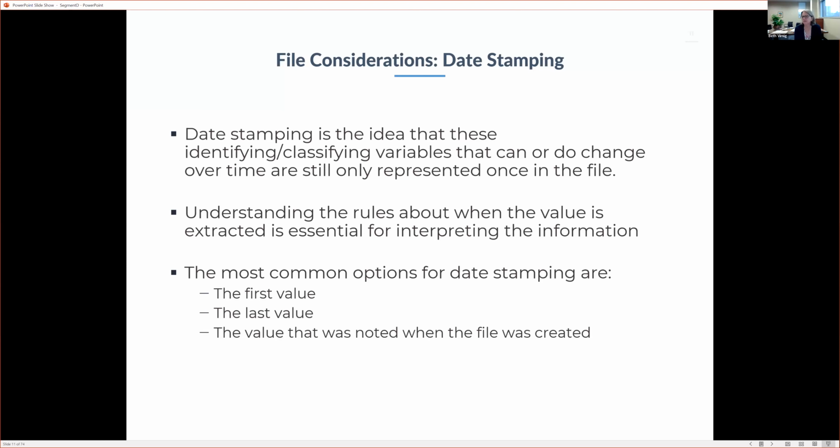So if the file is created a year after the end of the observation period, some information might be out of date by up to a year. So when you compare the MBSF information to the claims, you really have to stop sometimes and ask yourself, am I in fact measuring at the same point in time, or am I comparing things measured at two points in time?